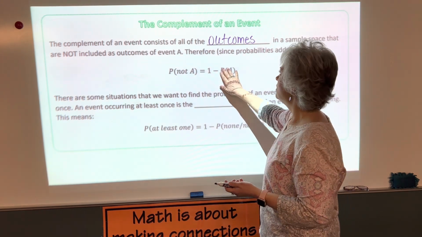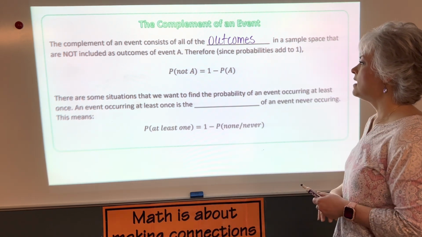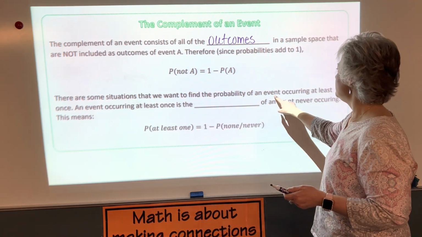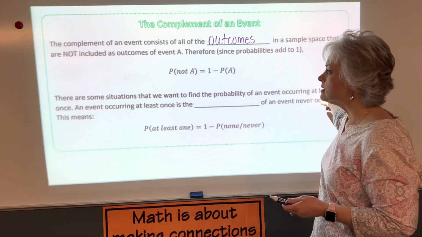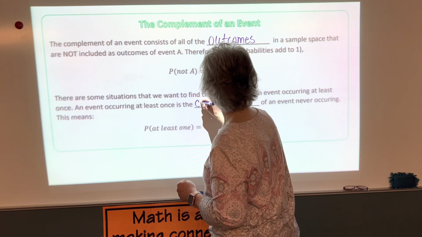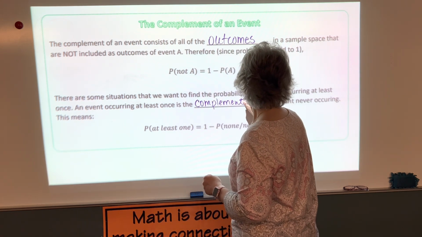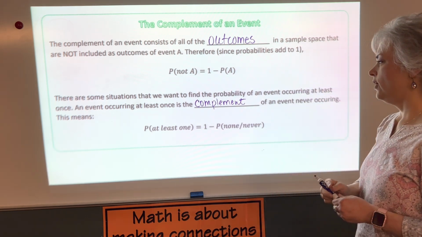minus the probability of that event occurring. All right, and then there are some situations that we want to find the probability of an event occurring at least once. An event occurring at least once is the complement of an event never occurring.